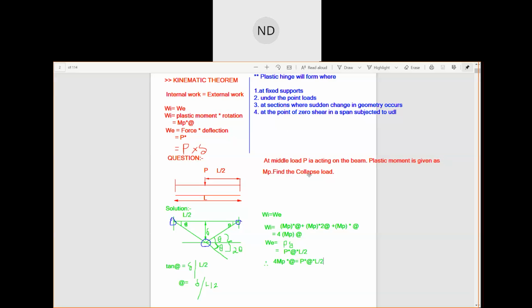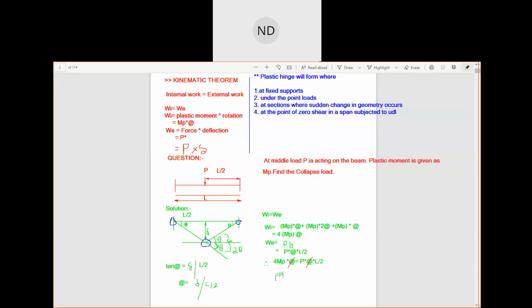Okay, we had to calculate what? Find the collapse load. So obviously we can find out this P here. Theta is gone. This theta cancels.